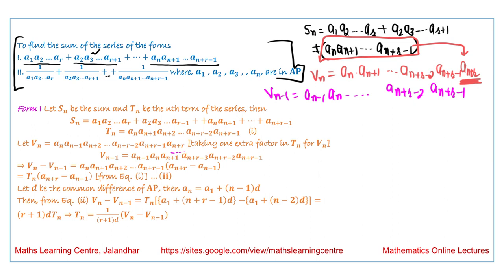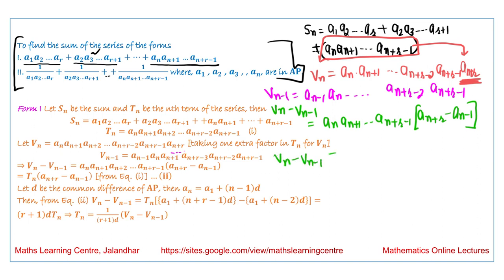Now if we subtract these two values, we are calculating the value of Vn minus Vn minus 1. We can write all these terms common, it is an, an plus 1, and so on up to an plus r minus 1 common. We are left with an plus r minus an minus 1. So what we obtain is that Vn minus Vn minus 1 is equal to Tn into an plus r minus an minus 1.